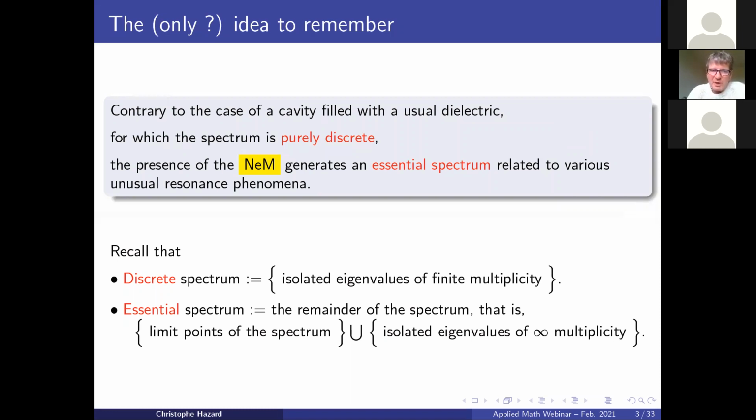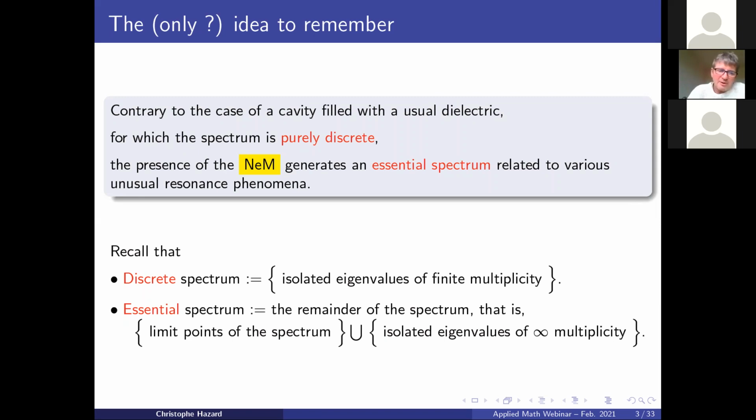And I first recall what is the discrete spectrum. The discrete spectrum here is the set of isolated eigenvalues of finite multiplicity. And the remainder of the spectrum is called the essential spectrum. And this essential spectrum may contain two kinds of things.